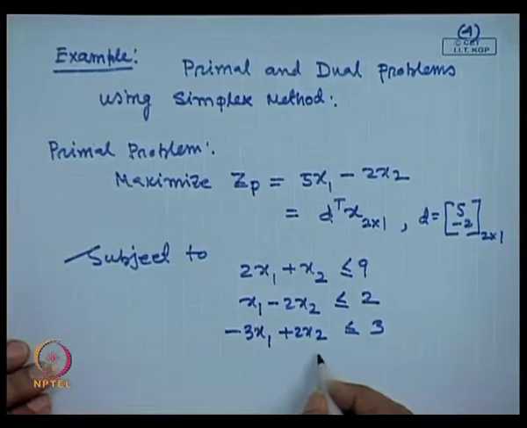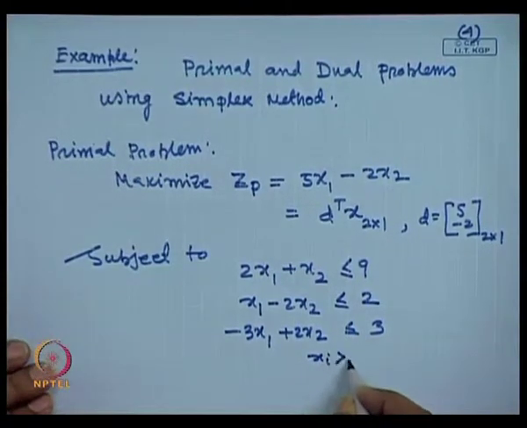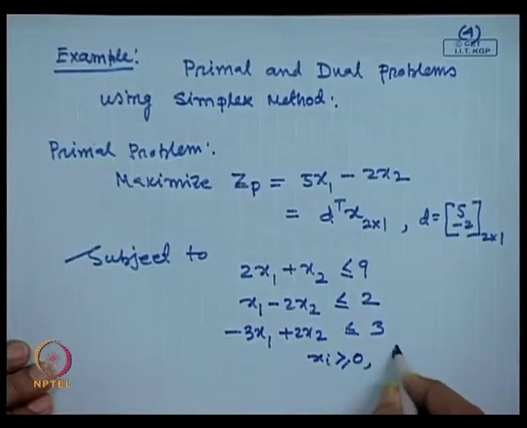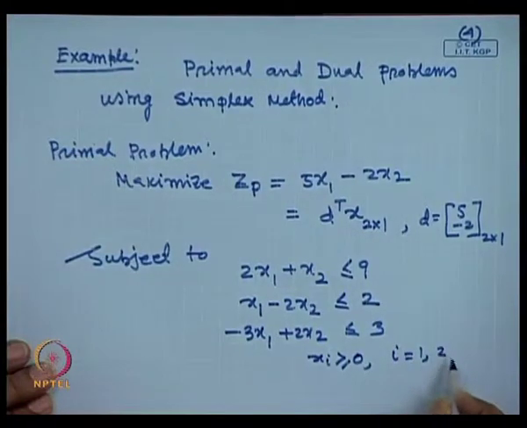Agree? And xi is greater than equal to 0 for i equal to 1 to 2.